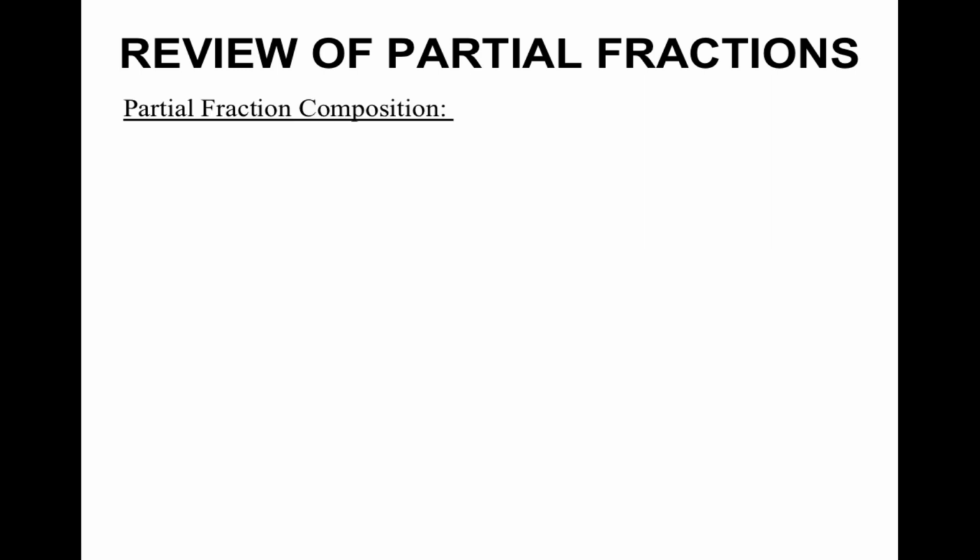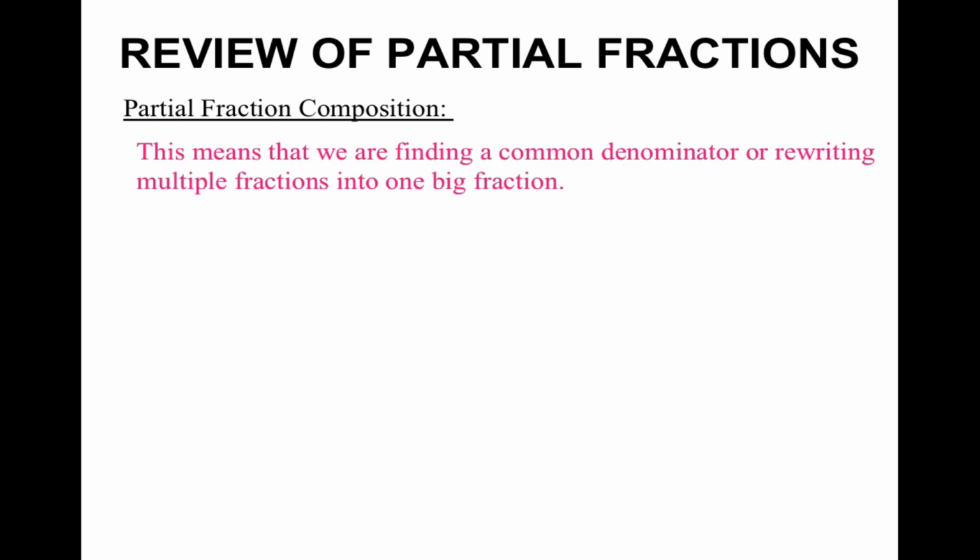For partial fraction composition, this means that we are finding a common denominator or rewriting multiple fractions into one big fraction. So, for example, we have two separate fractions being added together, and we want to compose them into one big fraction. So we want to find a common denominator.